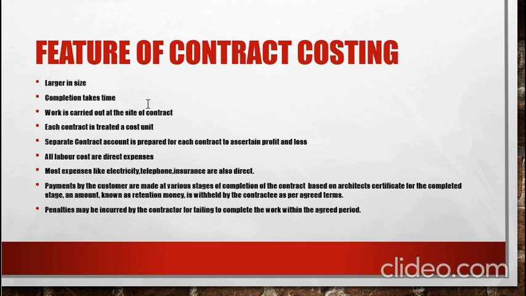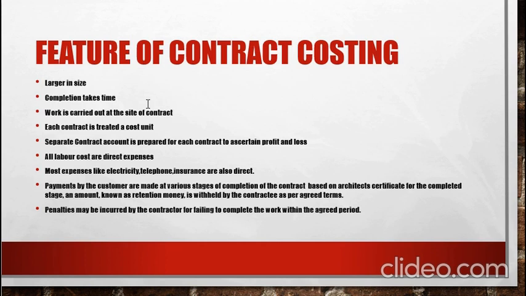Payments by the customers are made at various stages of completion of the contract, based on the architect's certificate for the completed stage. An amount known as retention money is withheld by the contractee as per agreed terms. A contract will not be accomplished within a specified period. It will take many years. So, as per the completion percentage, the payment will be given to the contractor.